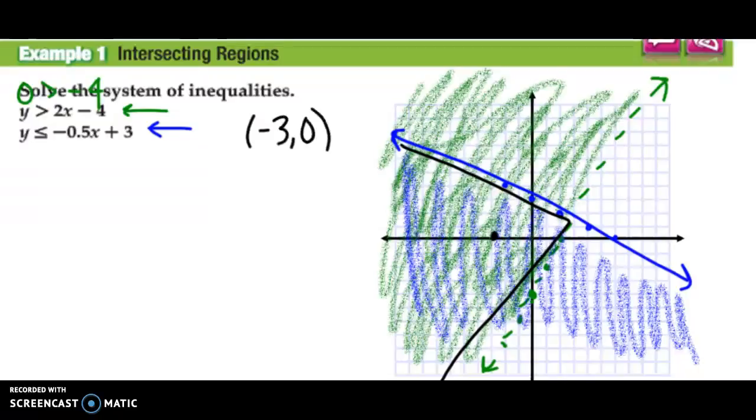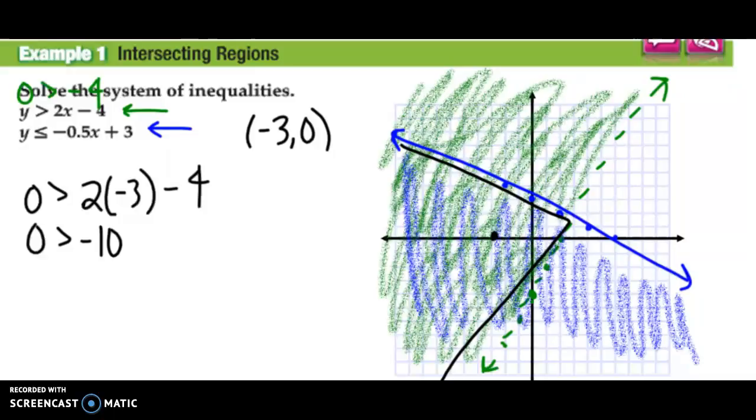So if I put 0 in for y in the first one, I get 0 is greater than 2 times negative 3 minus 4. Well, 2 times negative 3 is negative 6. Minus 4 would be negative 10. Is 0 greater than negative 10? It is. So it works for the first one. Let's try the bottom one. I put 0 in for y.